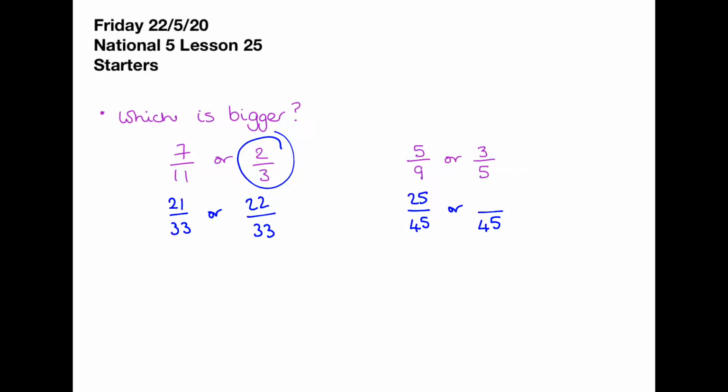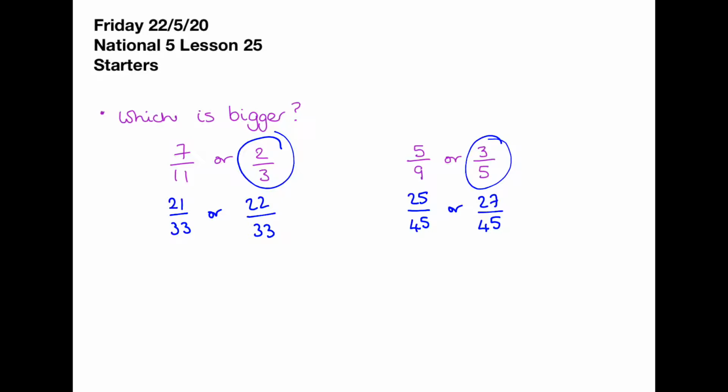Then we've multiplied the 5 by 9, so we need to multiply the 3 by 9, which gives us 27. So we can see, again, these fractions are very similar in size. One's 25 45ths and the other one is 27 45ths, so that one is a little bit bigger.